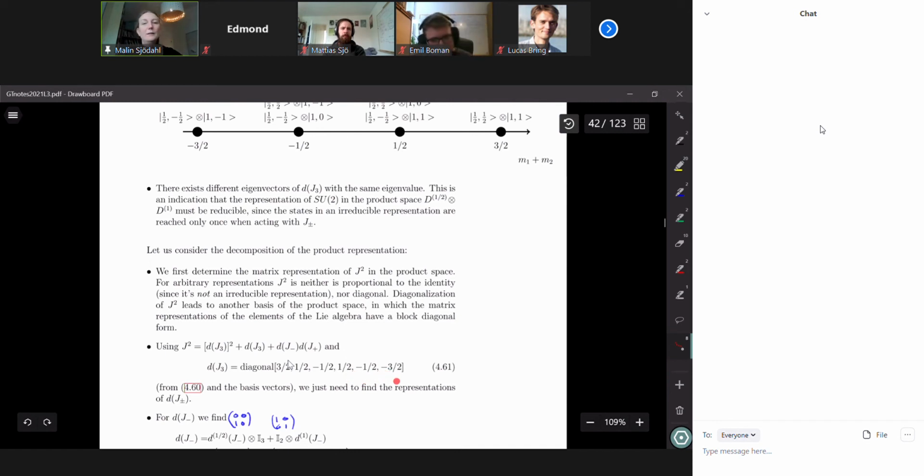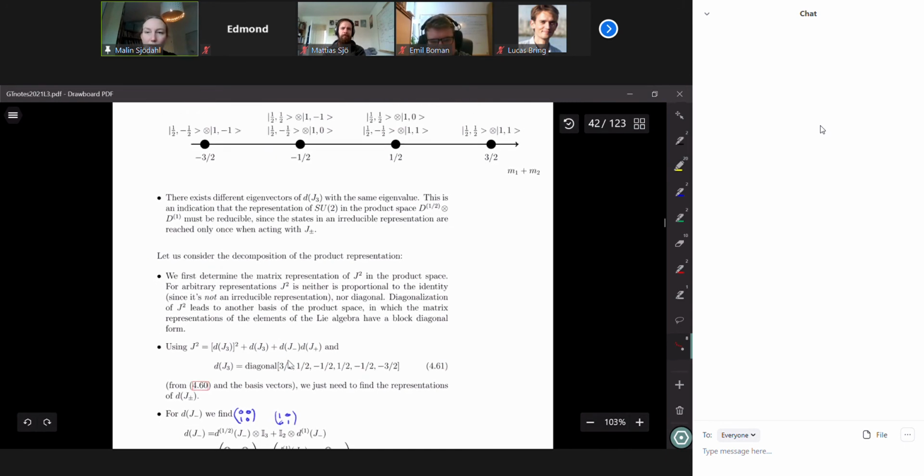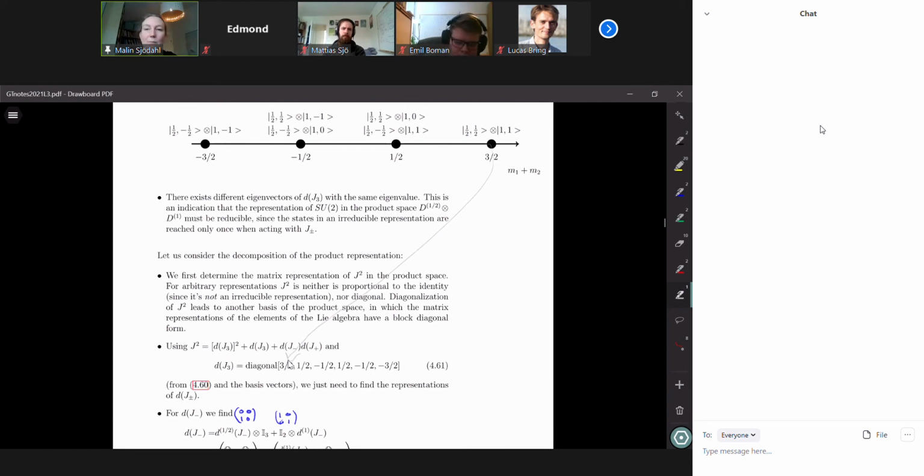Well, the reason for this is, of course, that this was the E1 vector. So it was this highest vector. It was this vector over here. So this vector here is going to give this eigenvalue here. Our E2 vector had the same 1 half here, but we were down by 1 unit here.